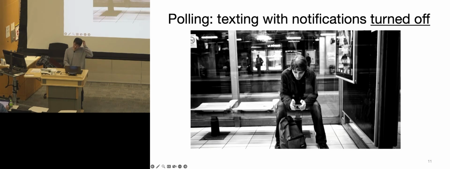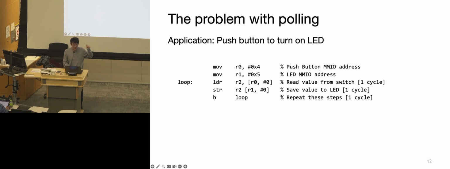So I think a good way to think of polling is like texting with notifications turned off, or waiting for someone to reply when that someone is likely never going to reply to you. That's kind of how polling is. And to put it in more of a coding context, this is a very, very small piece of code that doesn't do much.